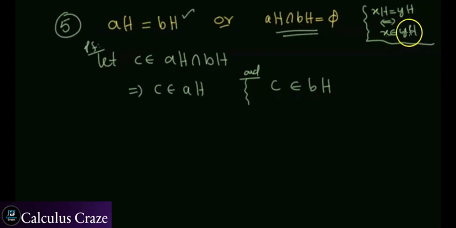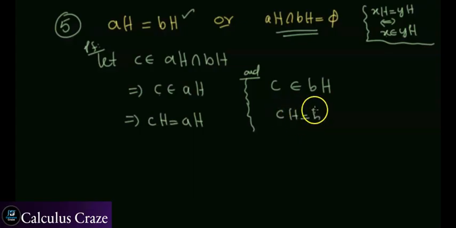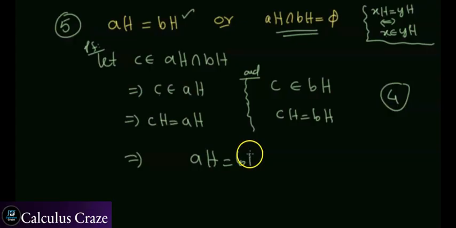So if x is inside yH, then the left coset formed with x is the same as yH. Because C is inside AH, the left coset formed with C, CH, is the same as AH. A similar argument, invoking property 4, gives that CH is the same as BH. So this implies that AH is the same as BH.